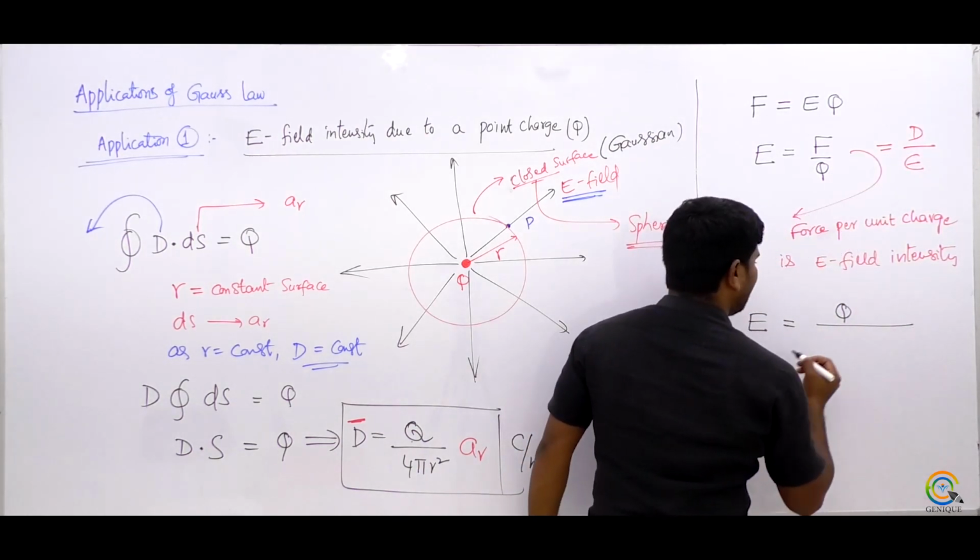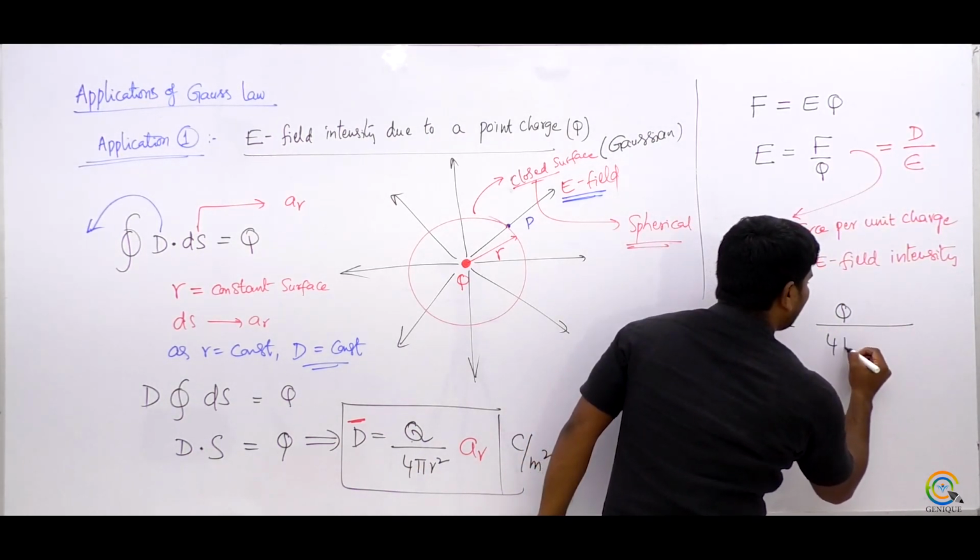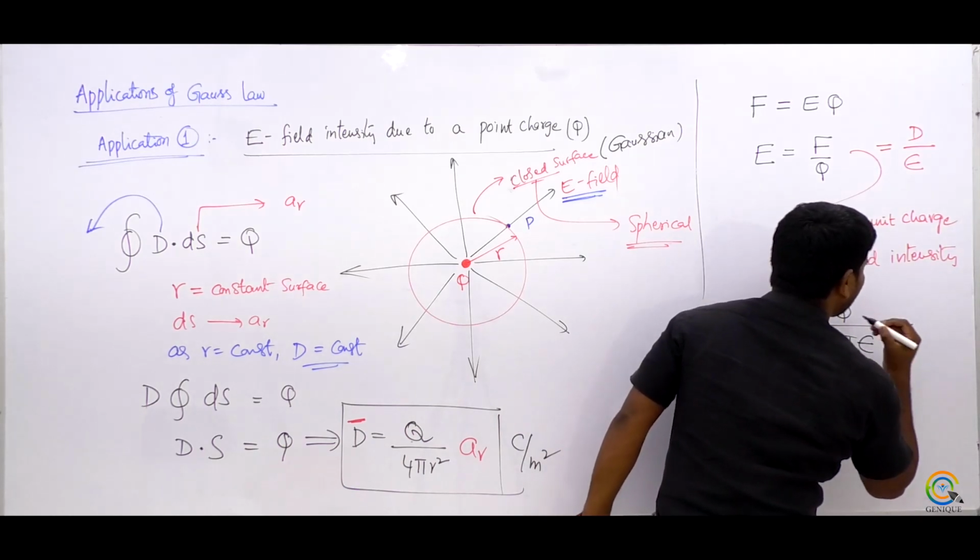You will get E equals Q divided by 4 pi epsilon R square.